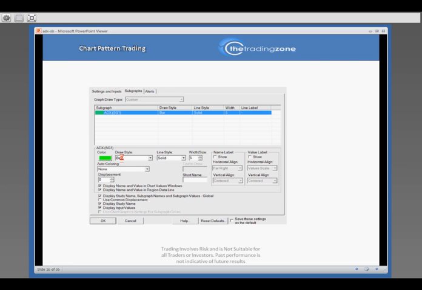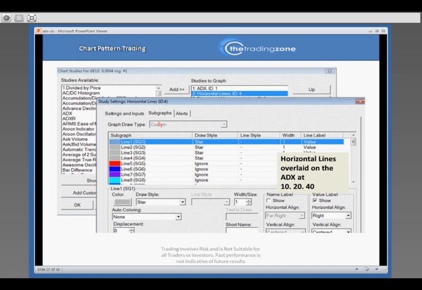The next thing I've done, a little bit of an add-on component, is overlaid on top of the ADX component, I've added the following horizontal lines. The same way you take, let's say, a stochastic with overbought, oversold regions, that's all I've done here as well. All I'm doing is adding 10, 20, and 40, and I'll explain to you what those lines are for.